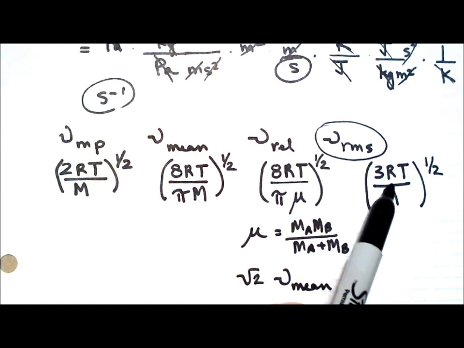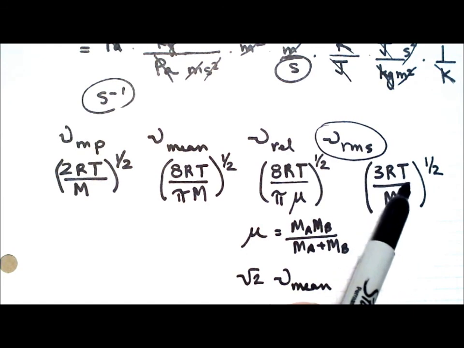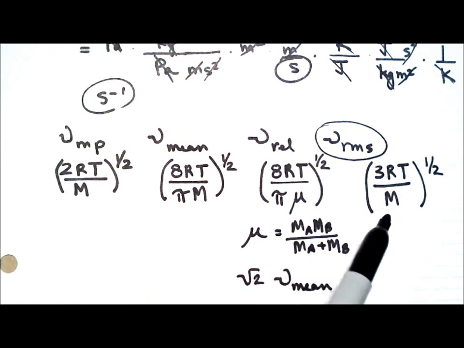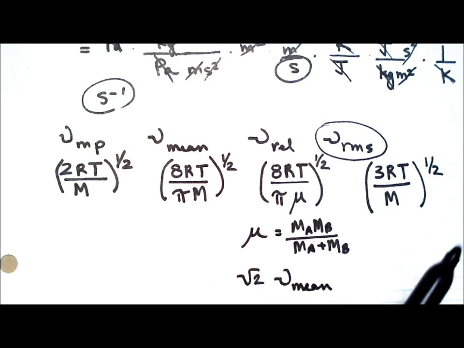Write your joule in SI units, breakdown, which we've done a few times now. And temperature is in Kelvin, capital M, molar mass, kilograms per mole. And take the square root and you'll have units of meters per second. So we want to recognize each of these formulas. We want to know when to use them.